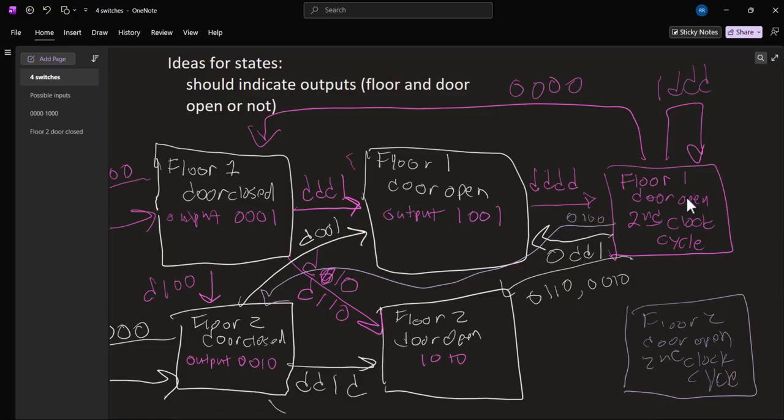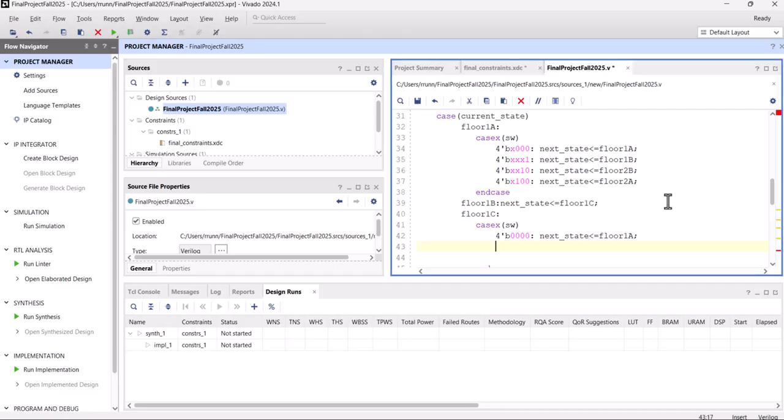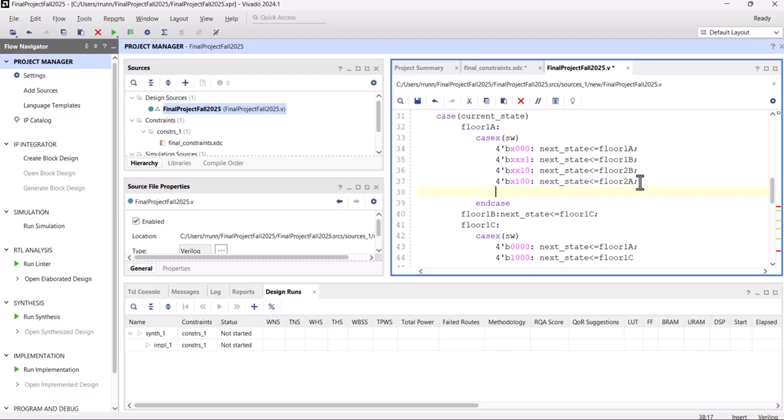Yeah, the door's blocked. Oh, we should put a default in here. You want it never to get to that.